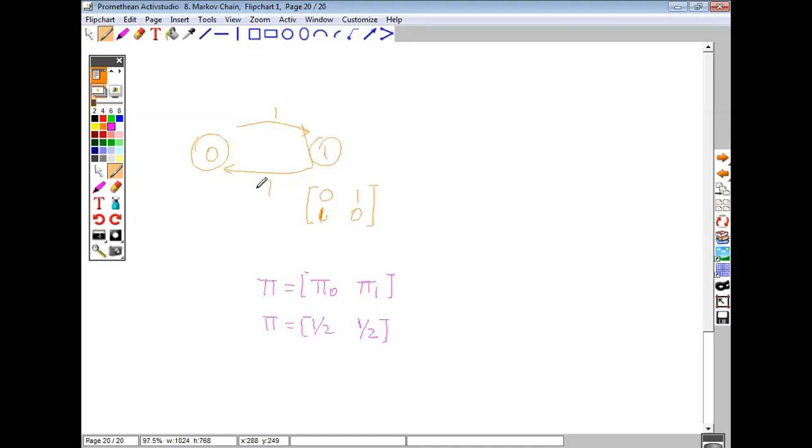So you see there's a 50-50% distribution around these states. So it's half and half. That is what you're going to get even if you try to solve it using pi equal to pi P. Yeah, that is the same thing that you're going to get.